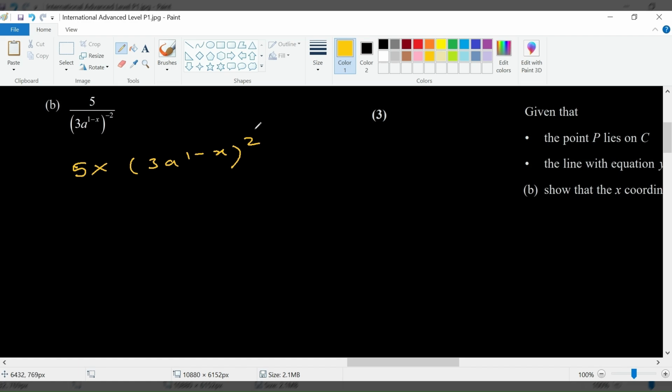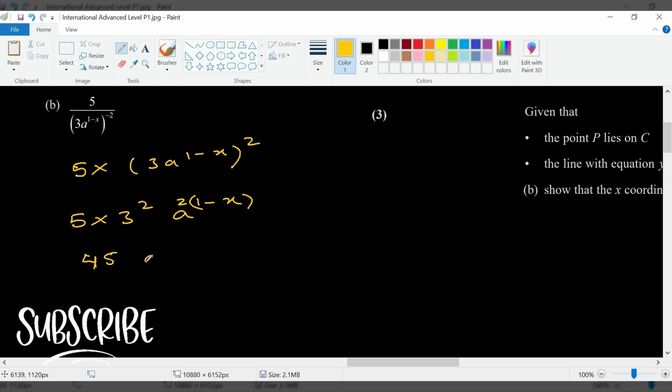This exponent applies to both of them, to the 3 and to the other term. So I can write this as 5 times 3 squared, and a has a power already, 1 minus x, which is going to be multiplied by 2. This is something you should always remember. This multiplies by 5 times 9, which is 45. I can simply write this as a to the power 2 minus 2x.